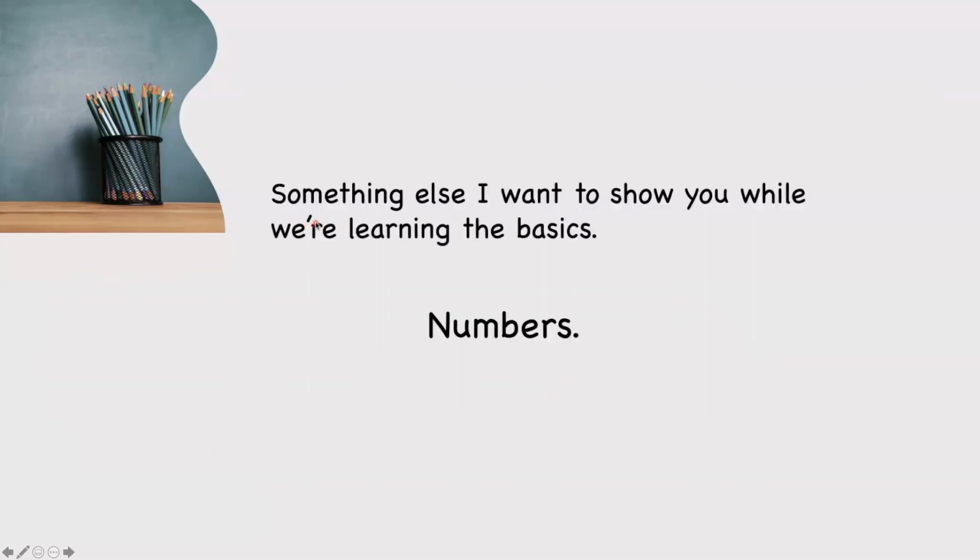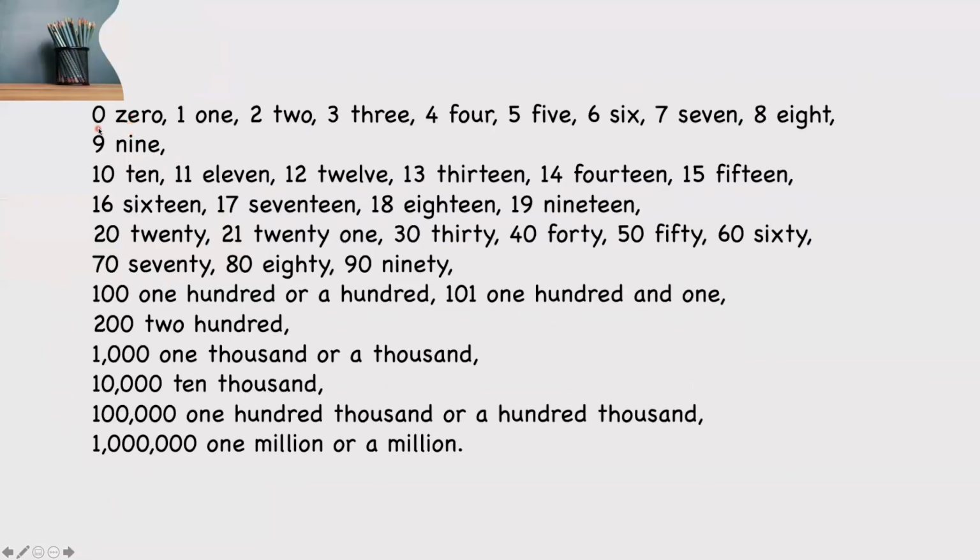Before we start, though, there's something else I want to show you while we're learning the basics. That is numbers. 0 is written like this. 1, 2, 3, 4, 5, 6, 7, 8, 9, 10, 11, 12, 13, 14, 15, 16, 17, 18, 19, 20, 21, 30, 40.